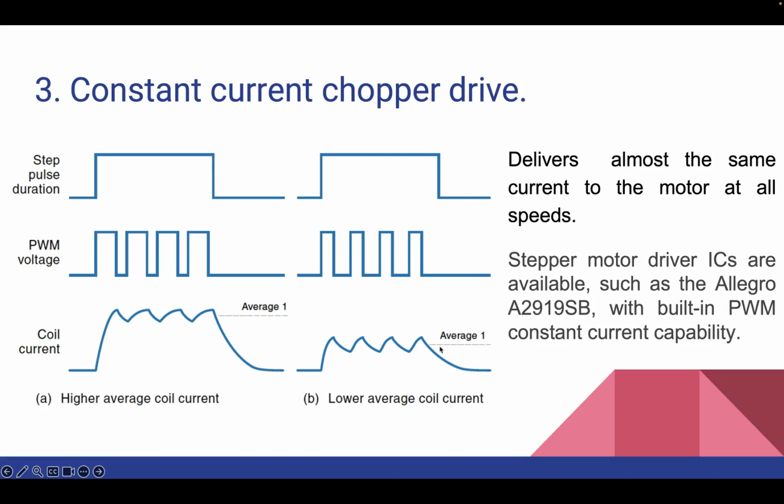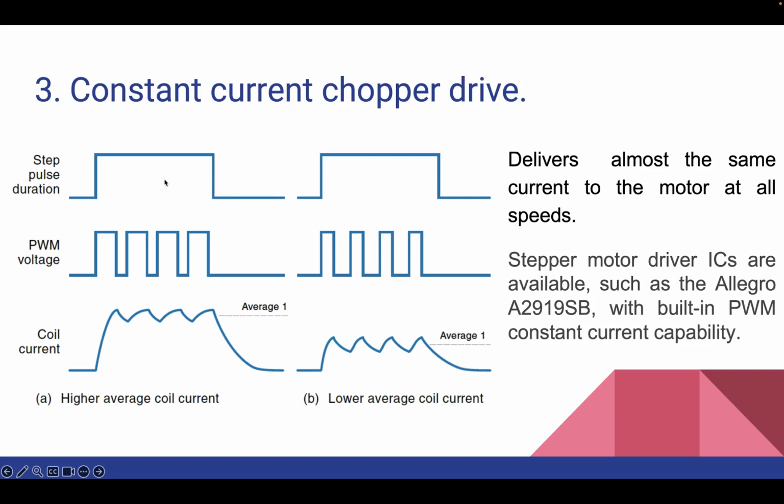One of the key advantages of this method is that it regulates the motor current using pulse width modulation. By modulating the width of the current pulse, the driver ensures that the motor receives a constant and optimal current level even as the speed varies.